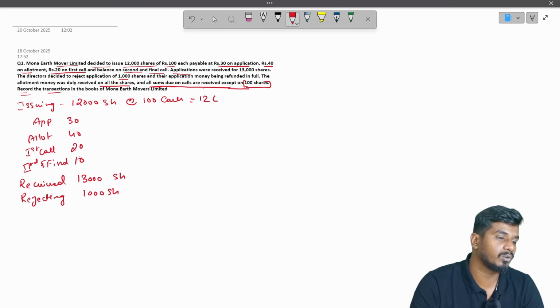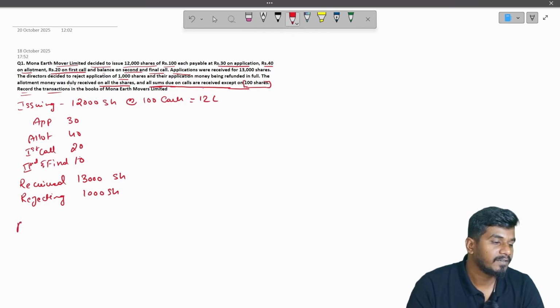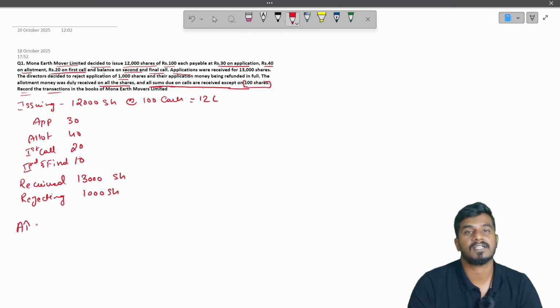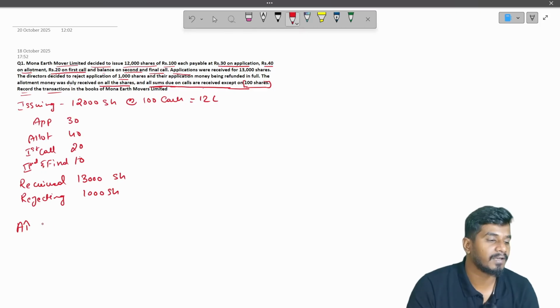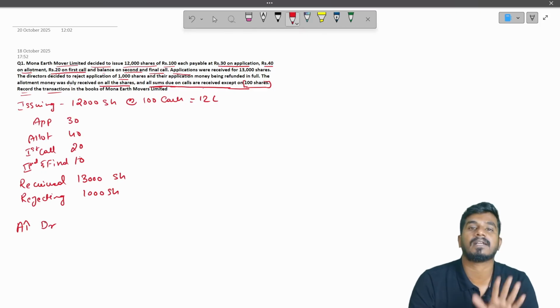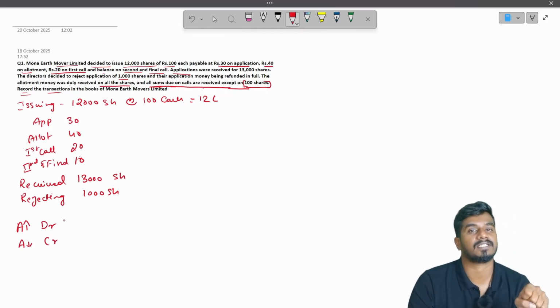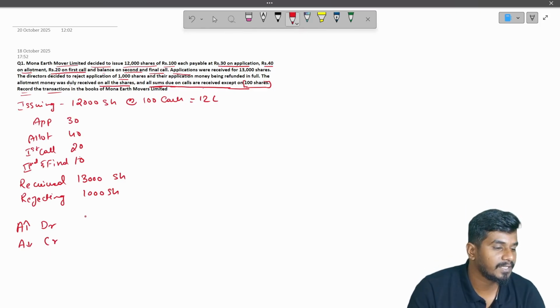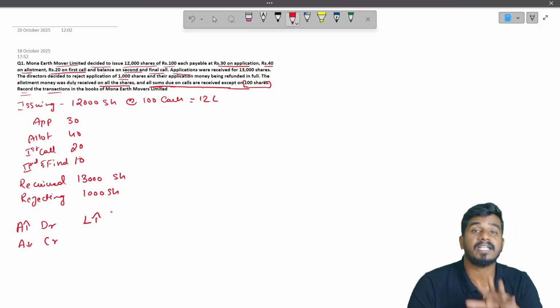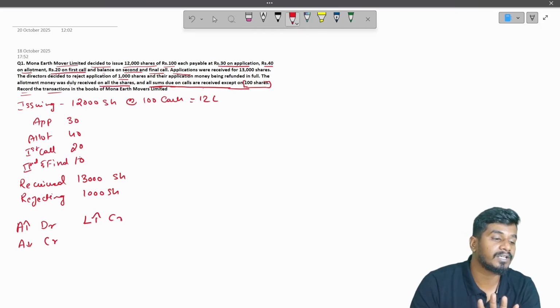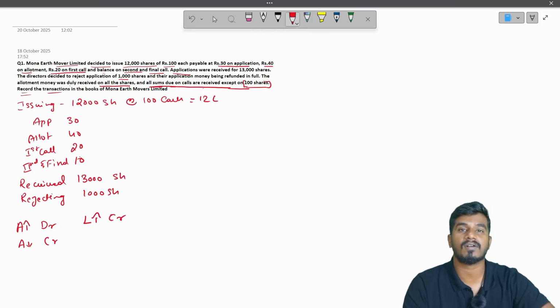Let us do the question, and before that, we need to understand the modern rule. What is the modern rule? Let me explain. If an asset increases, we need to debit the transaction. If an asset decreases, we need to credit the transaction. If a liability increases, we need to credit it, the opposite of an asset.